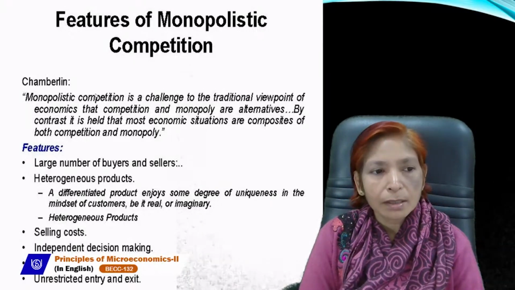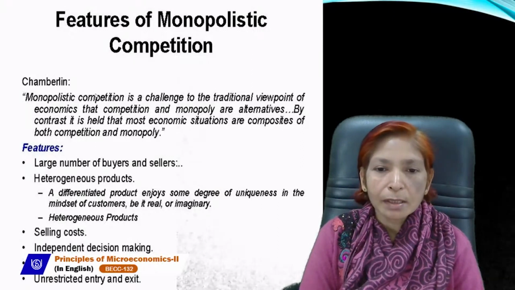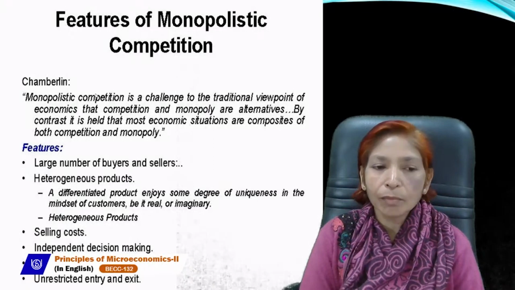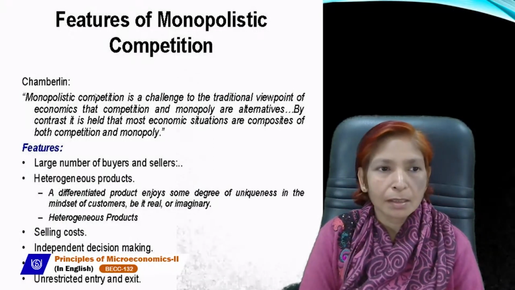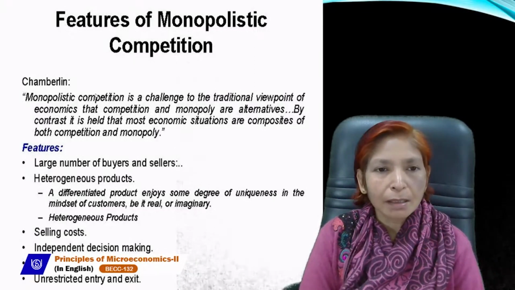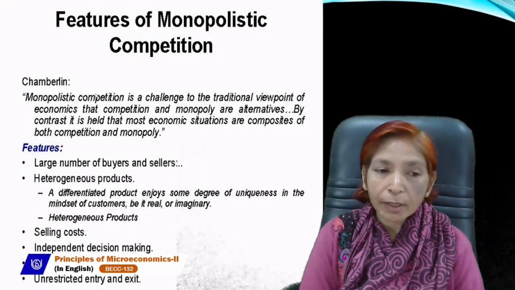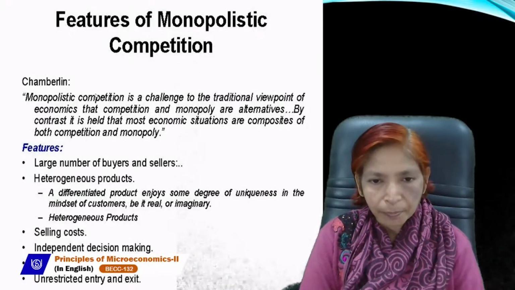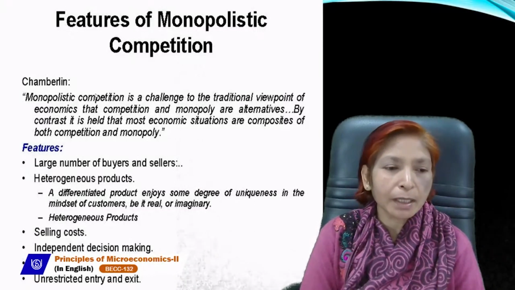By contrast, it is held that most economic situations are composites of both competition and monopoly. In simple words, this market comprises the features of both perfect competition and monopoly. Now, what are its features?